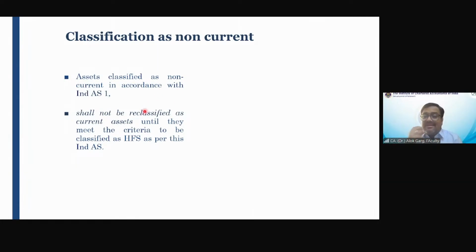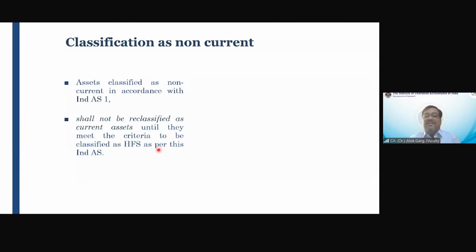So an asset classified as non-current in accordance with Ind AS 1 shall not be reclassified as current asset until and unless they meet the criteria to be classified as held for sale. Sir, what is the criteria of held for sale? कहाँ दिया है held for sale का criteria?